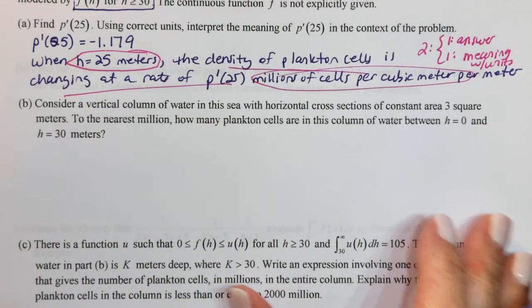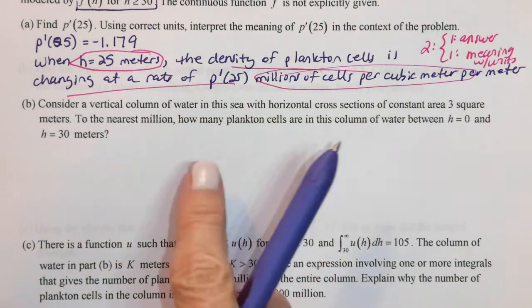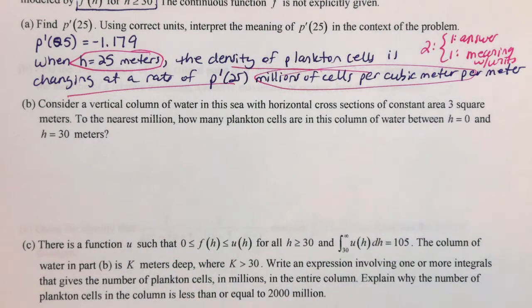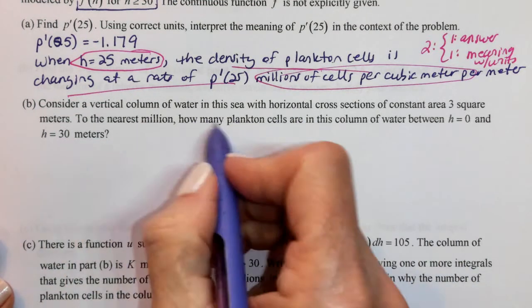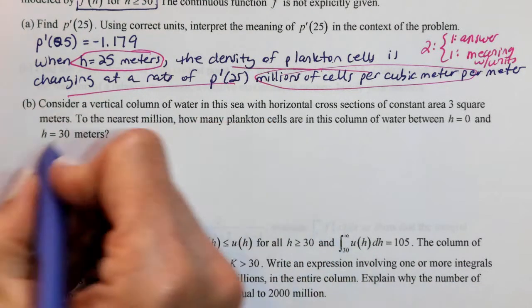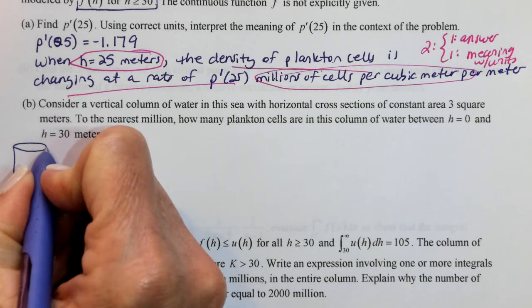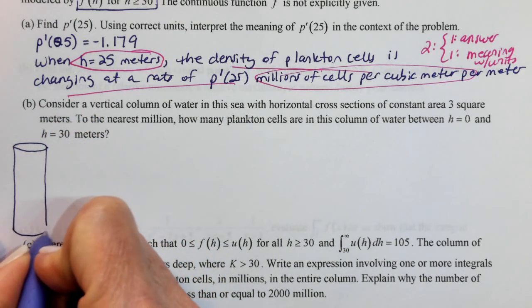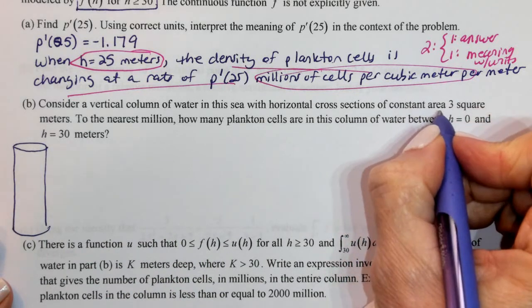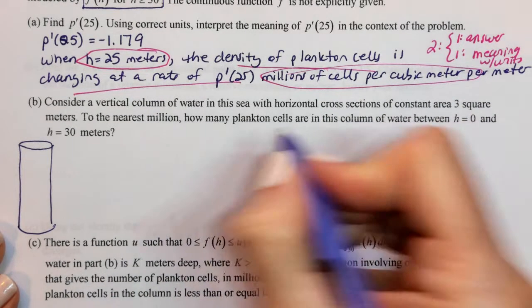All right, part B. Consider a vertical column of water in the sea with horizontal cross sections of constant area 3 square meters. Okay, so when I read that, I'm visualizing a vertical column of water, so my head kind of goes to a cylindrical column, and each cross section will have a constant area.